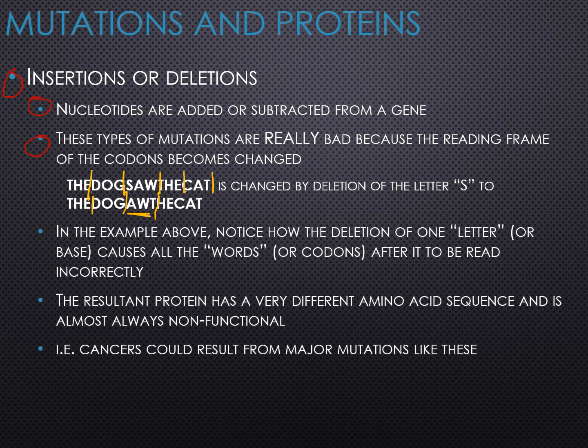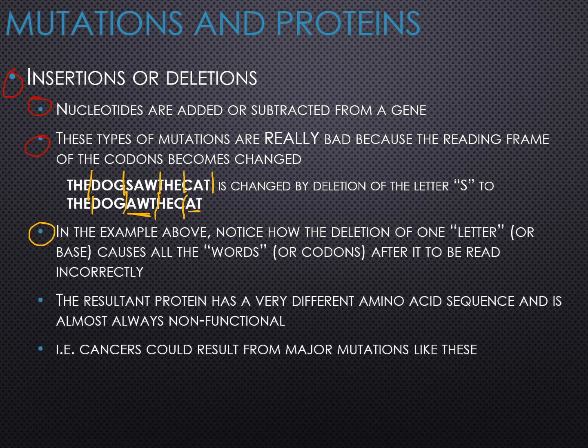It's AWT. We completely misread it, ought, and then it's a heck, and then at, and then the last one is not even 3, so that wouldn't even code for any amino acid. So the idea here is you delete one base and everything shifts over after that base.